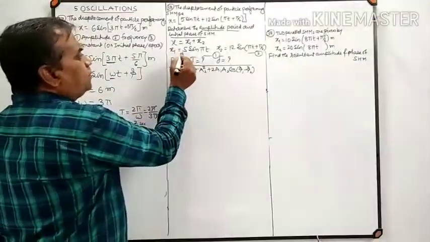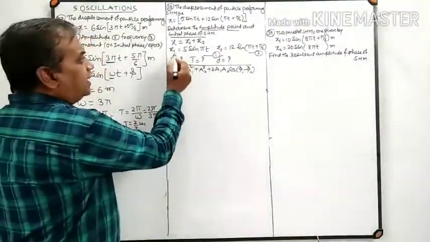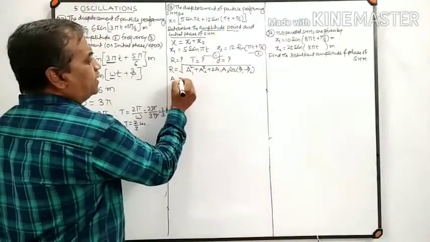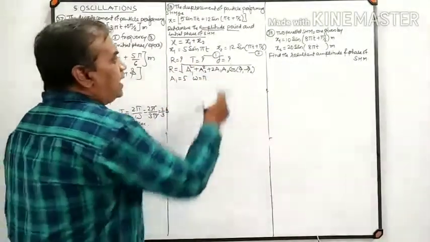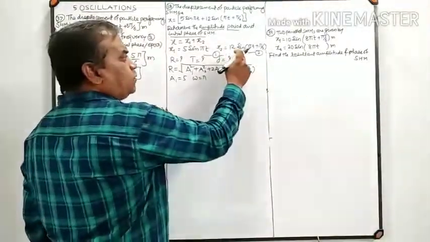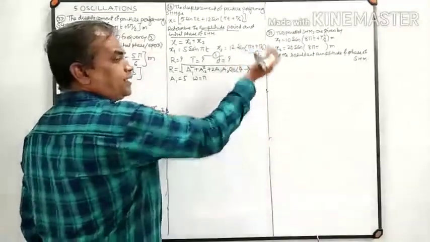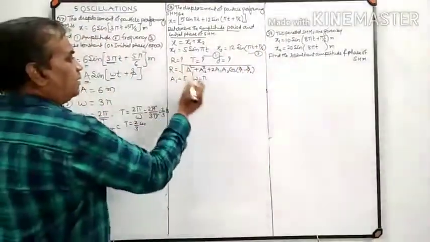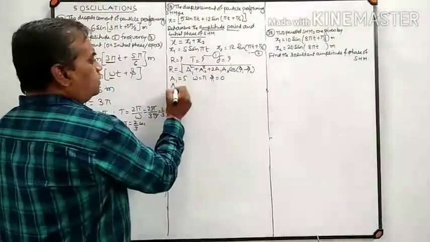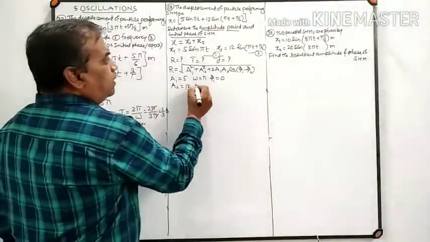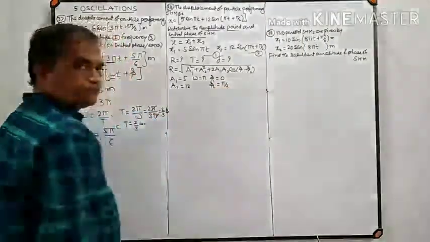Now x1 = a1 sin ωt, so a1 is equal to 5 and ω is equal to π. x2 = a2 sin(ωt + φ2). Here φ1 is equal to 0 because nothing is there. So a2 is equal to 12 and φ2 is equal to π/2.